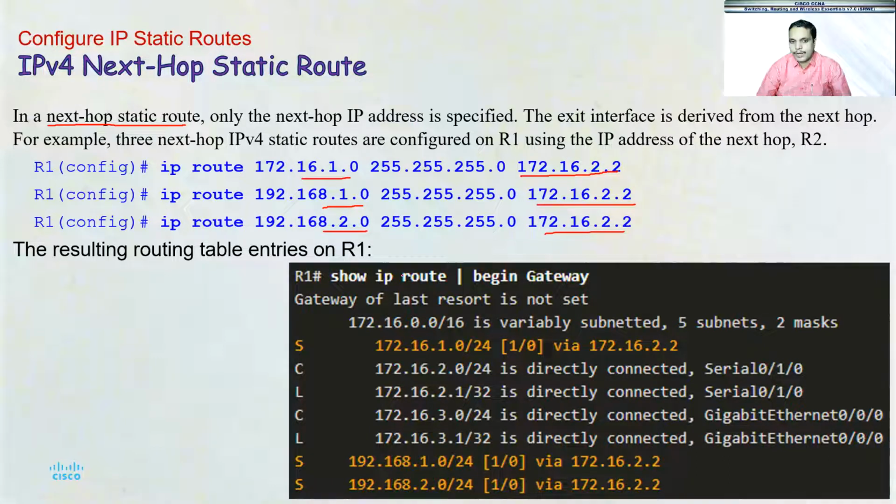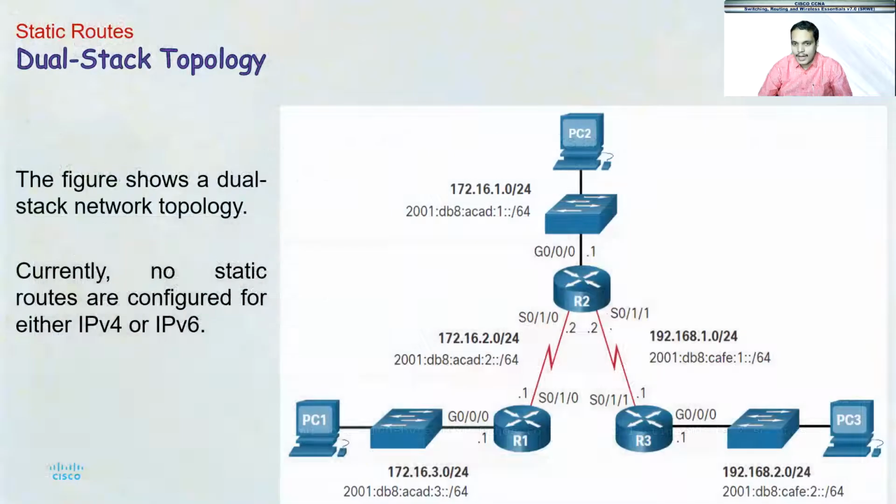Now the resulting routing table entries are here: the first ones remain the same, whereas there are three new ones, 172.16.1.0, 192.168.1.0 and 2.0, via the next hop's IP address. If you remember, 172.16.2.2 is the IP address of this interface of R2. So this is my next hop address.